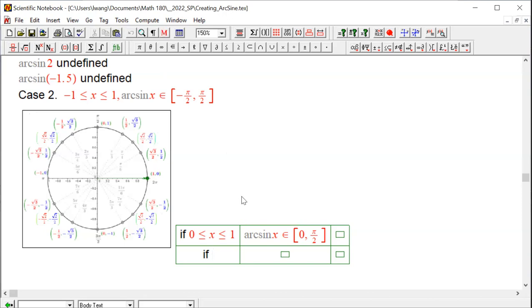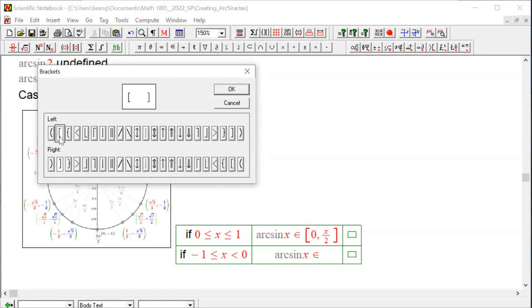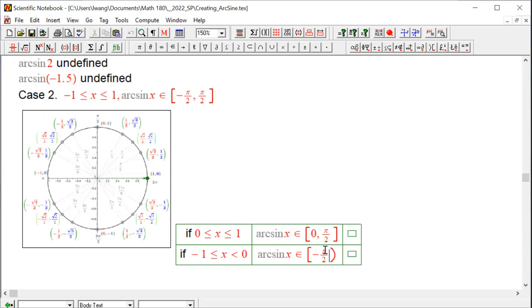However, if the input you get is between -1 and 0, you can safely expect ArcSine to produce an angle that is negative, between -π/2 and 0, for obvious reasons.